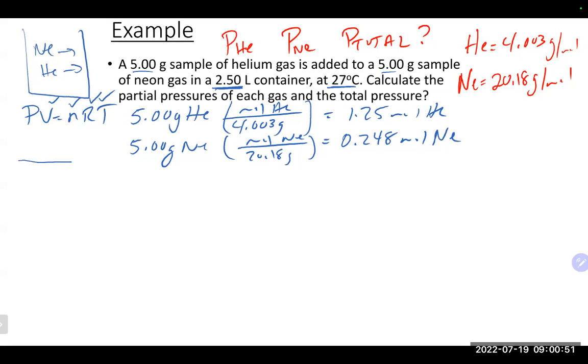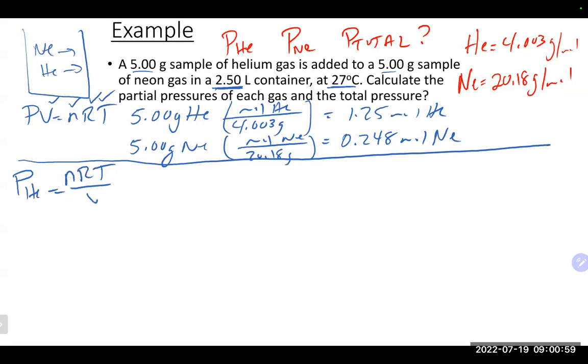So we will start with the partial pressure of helium, which would be nRT divided by V, using the ideal gas law. So putting in the moles of helium, 1.25, and our gas constant, and our temperature converted to Kelvin.